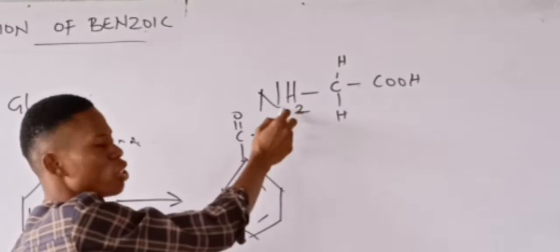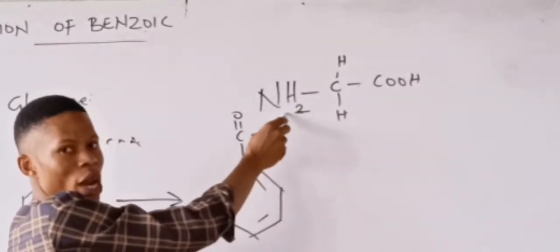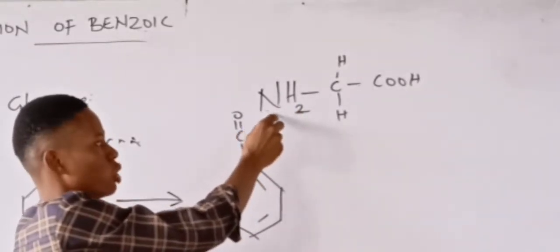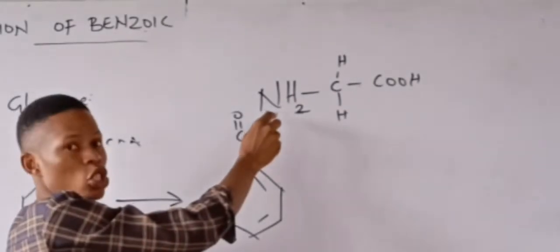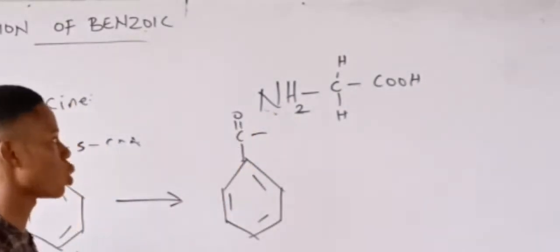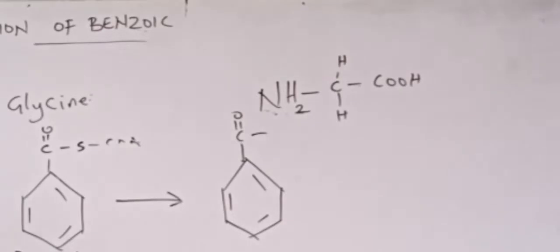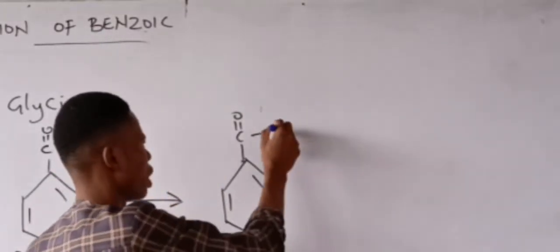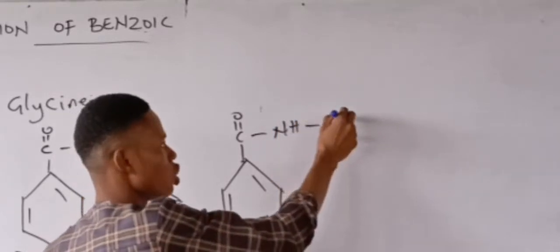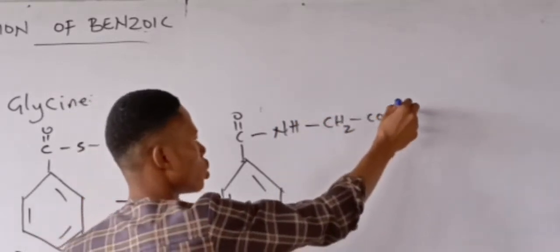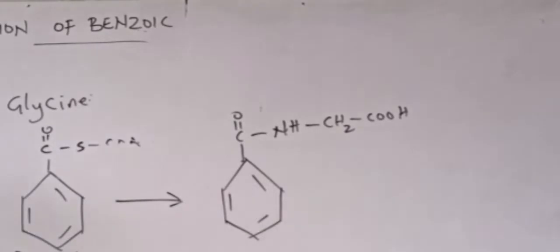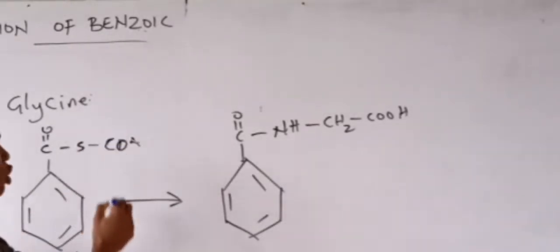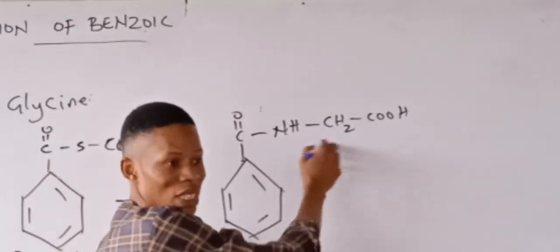But remember, how many hydrogens do we have here? 2, right? And nitrogen is supposed to have how many bonds? 3, right? So if I'm to attach that, I'll have to remove one hydrogen. So what I'll be having is NH-CH2-COOH. Did you see what happened there? This is glycine, is it not?